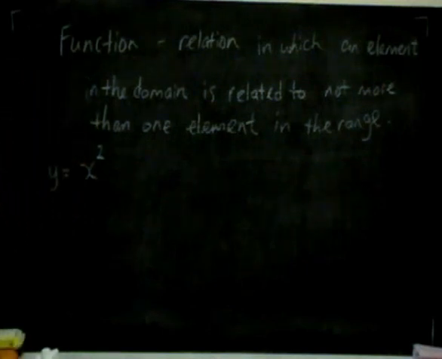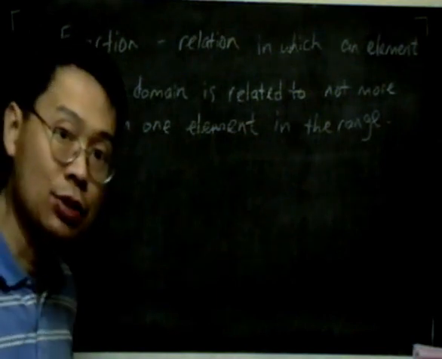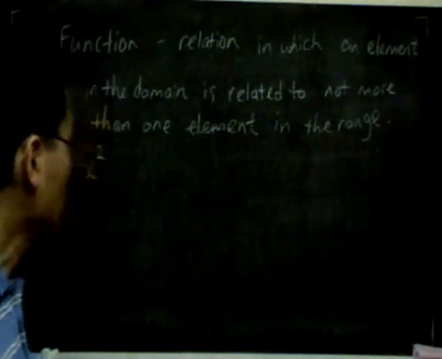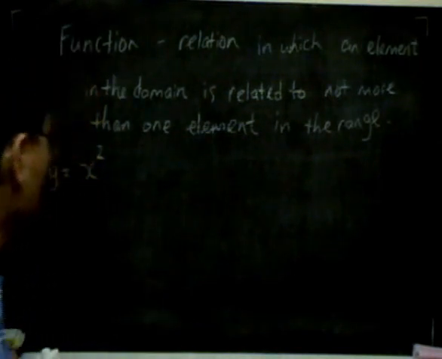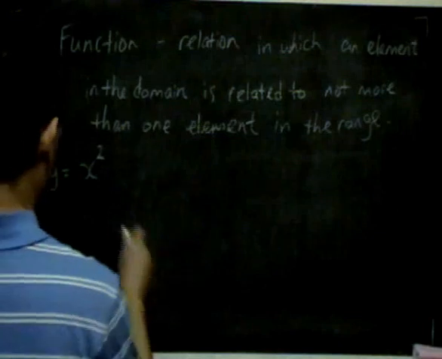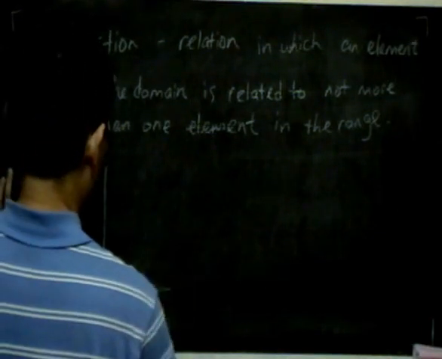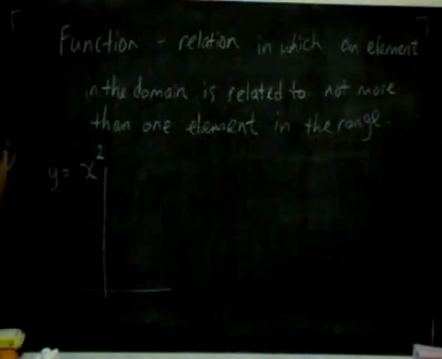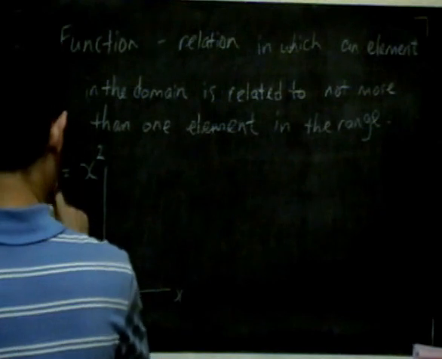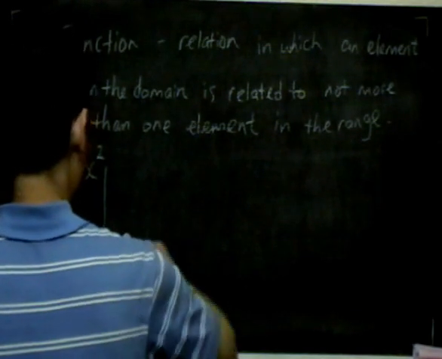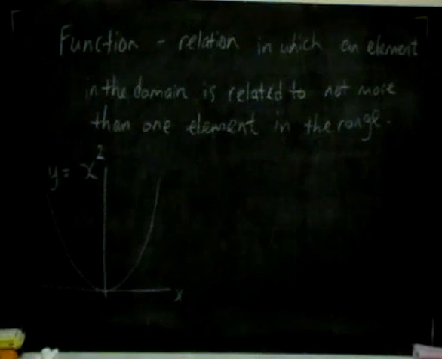Now we have seen some examples of this in the earlier sessions on graphs, and we know how to plot this on a graph. So I'm going to skip the plotting step and I'm just going to sketch the graph directly. The graph looks like this. It's a curve. Right.